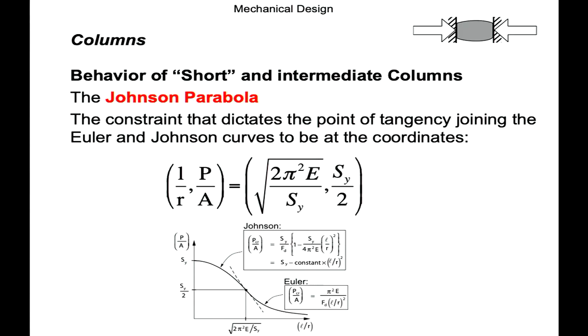This point here, by the way, is 2 pi squared E on yield strength, S_Y on 2, and that's what we regard as the point at which we transition from the Euler long column formulation to the Johnson, dare I say, short column formulation.